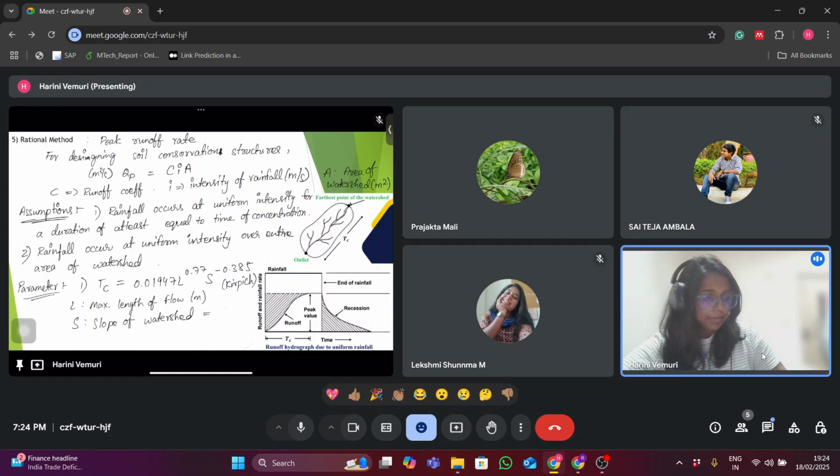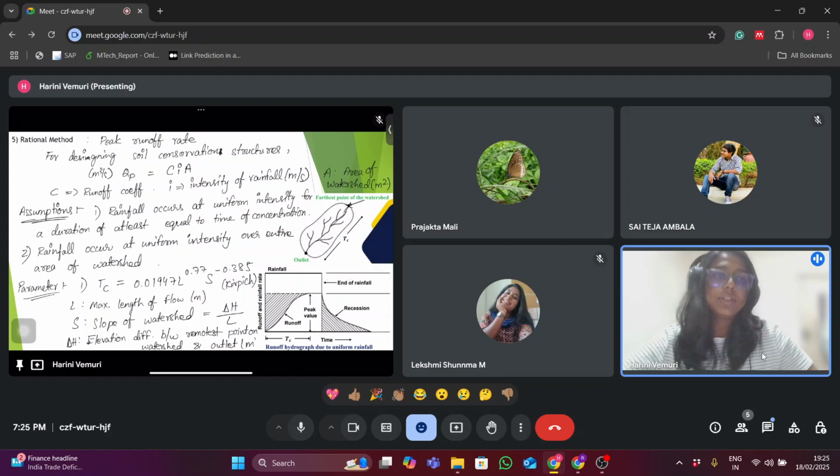This is given by delta H by L, where delta H is the elevation difference between the remotest point, that is the farthest point on the watershed, and the outlet.